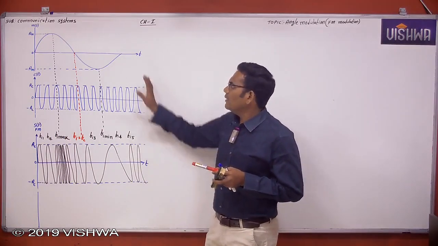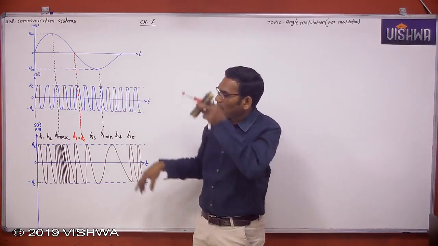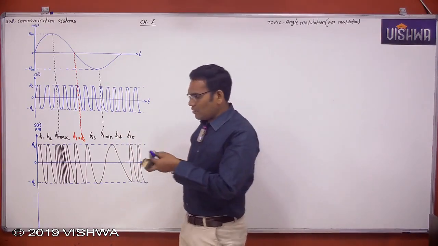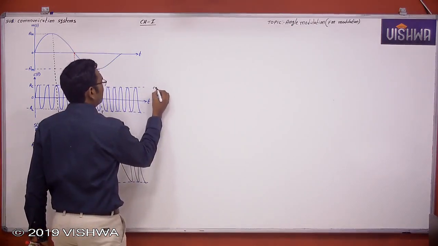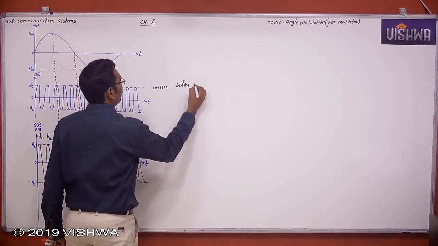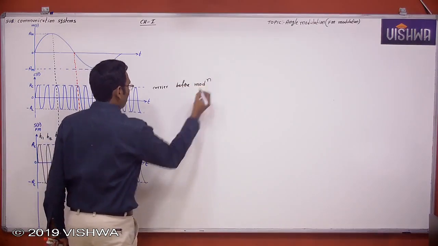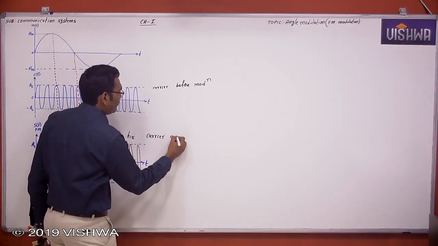Okay, these are the time domain waveforms: message signal, carrier signal and modulated signal. Now see here, this is carrier before modulation. This is carrier after modulation.